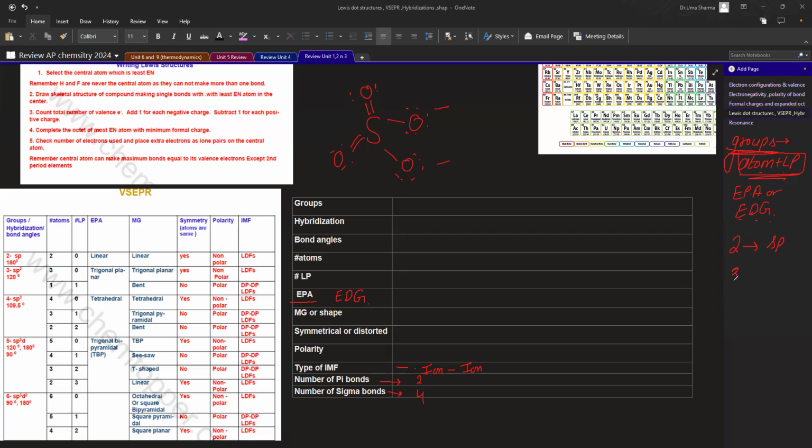If groups are 3, hybridization is? 3 groups, sp2. If groups are 4, hybridization is? sp3. If groups are 5, hybridization is?